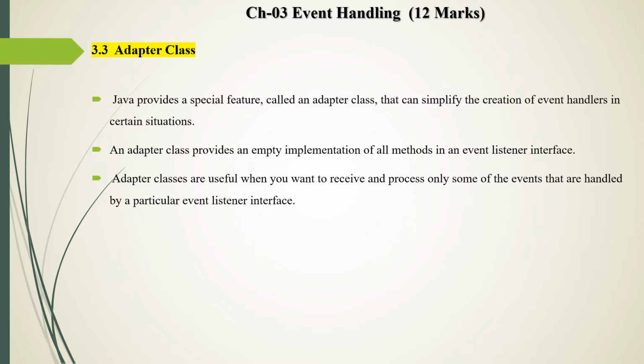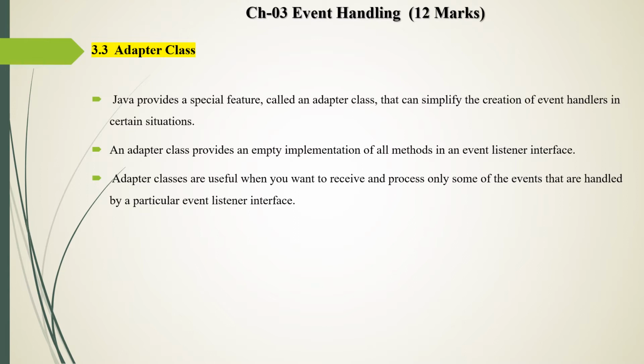A simple explanation of the adapter class: a component may generate a number of events. For example, if a list or menu item generates multiple types of events, but we want to handle only some specific event, that time we use the adapter class, which is a simple empty implementation of all the methods.